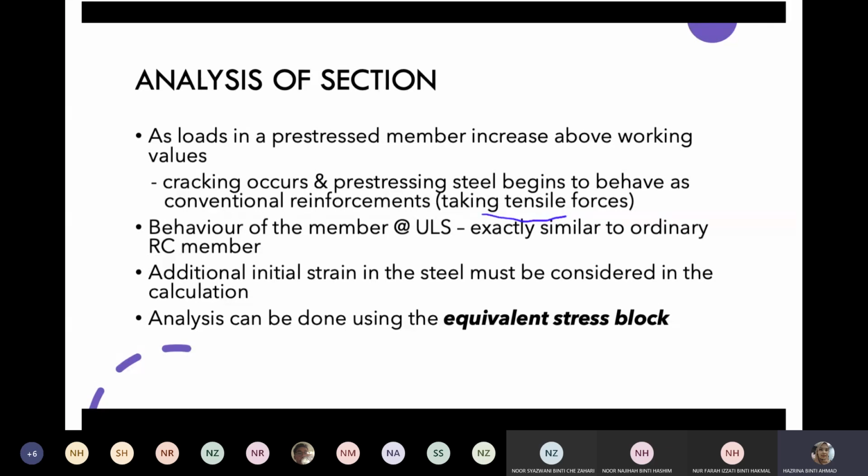So previously, when we learned about the pre-stressing steel under serviceability limit state, we know that this pre-stressing steel is meant to induce the compressive stress, or compressive force, to our structure. However, when we are talking about the ultimate limit state, now our beam section is already under flexural behavior, right?